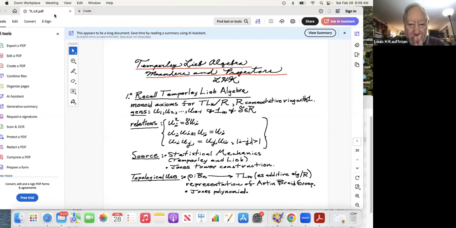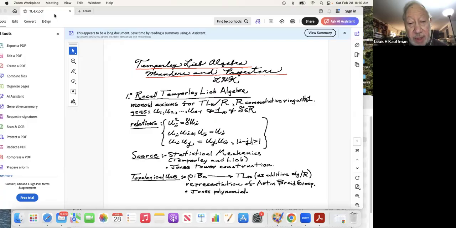So, I'm going to talk about the Temperley-Lieb algebra and mostly about the multiplicative Temperley-Lieb algebra, which is defined formally as you see on this slide. We have generators U1 through U(n-1) for the n-strand algebra and an identity element, of course, and an element of a commutative ring, delta.